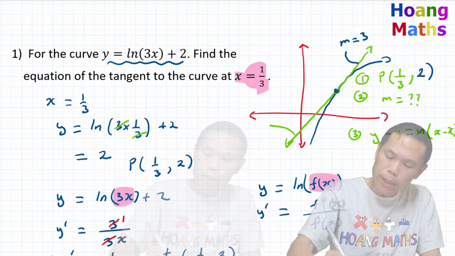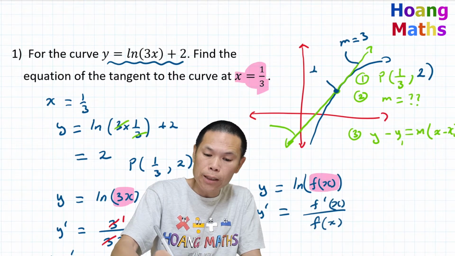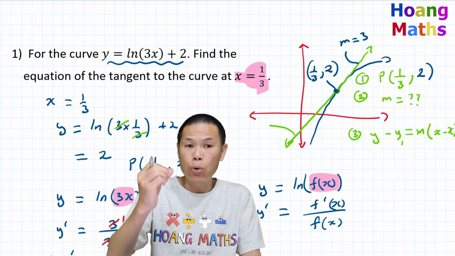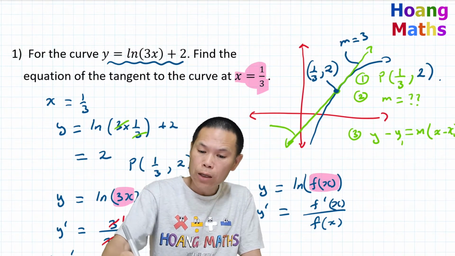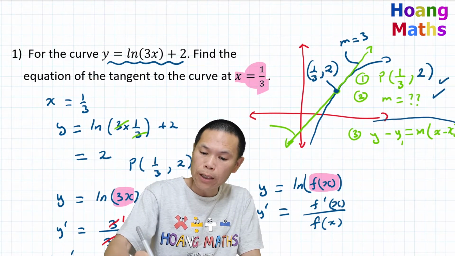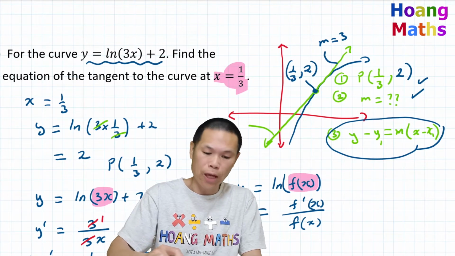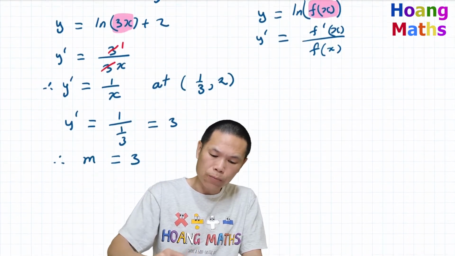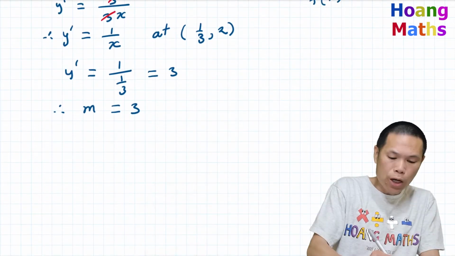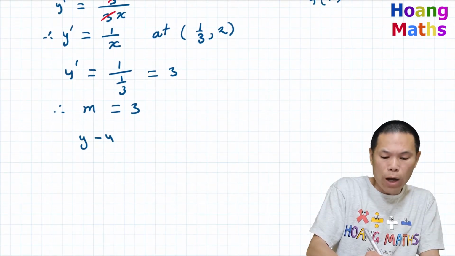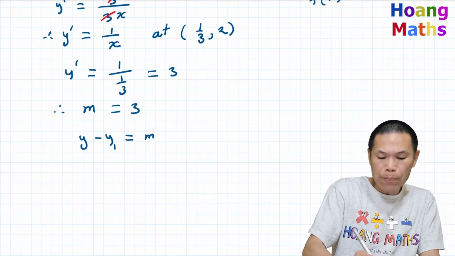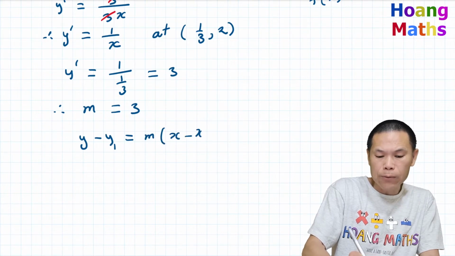And we have the point, which is a third and 2. So we have the point and we have the gradient now. We use this formula, which will help us work out the equation of the tangent. We know that y minus y1 is m times x minus x1.